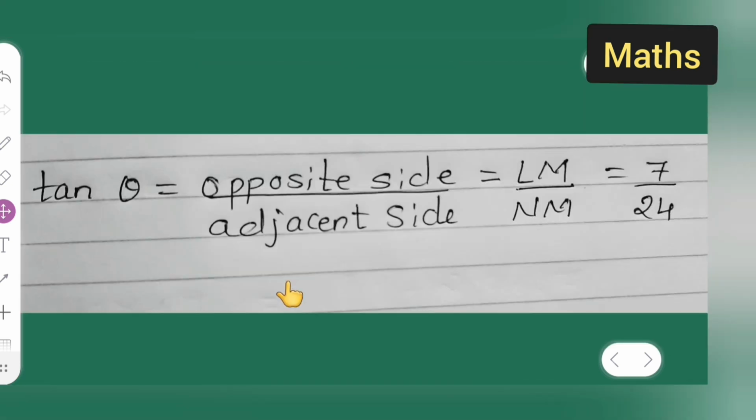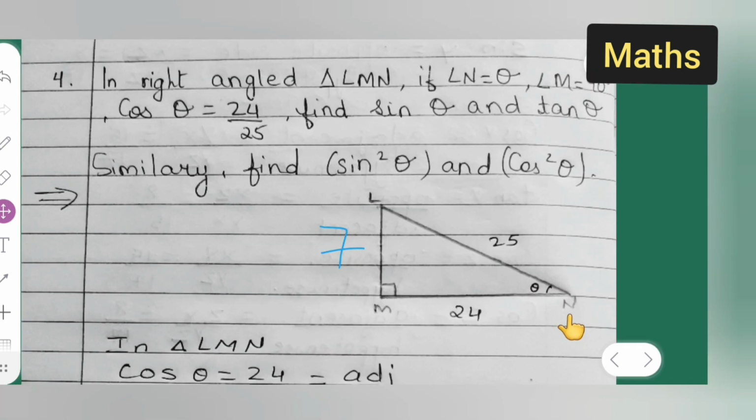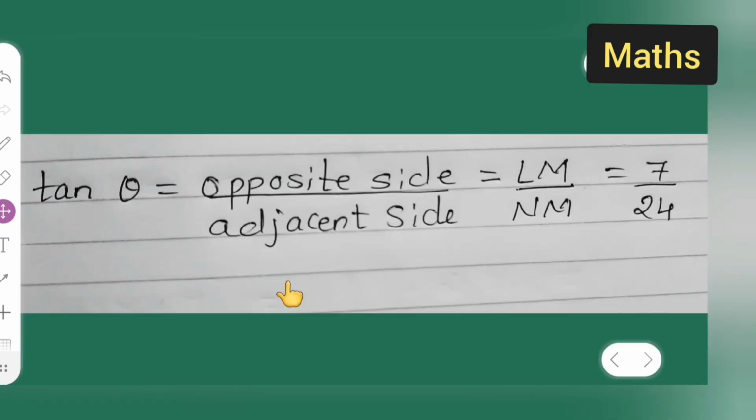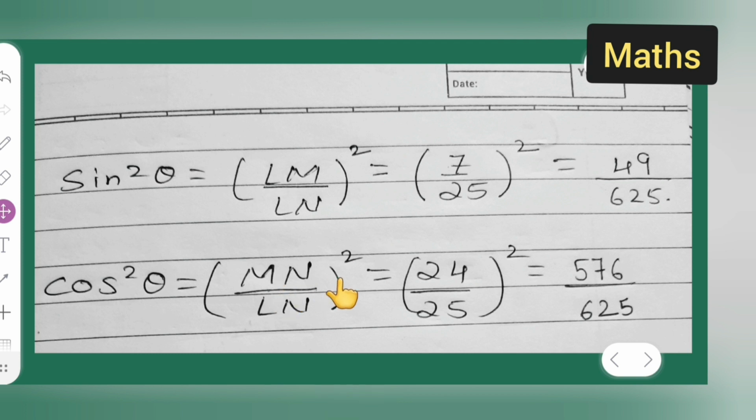So it is MN upon LN the whole square, which is 24 upon 25, given already, squared. Square of 24 is 576, square of 25 is 625.